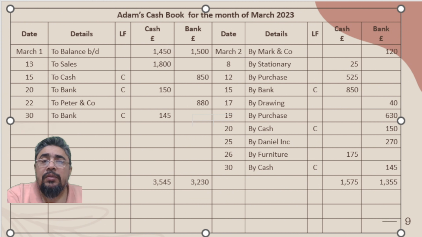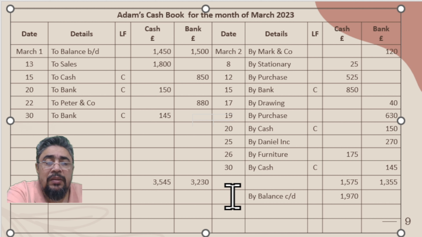Now you can see the debit total of the cash column is greater than the credit total of the cash column. So the difference between the debit total and the credit total is our balance of the cash column, that is 1970. This is by balance carried down, dated 30th.